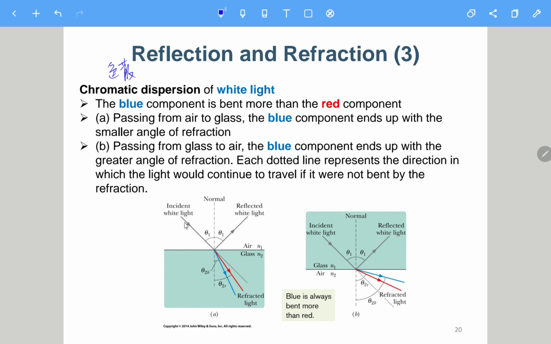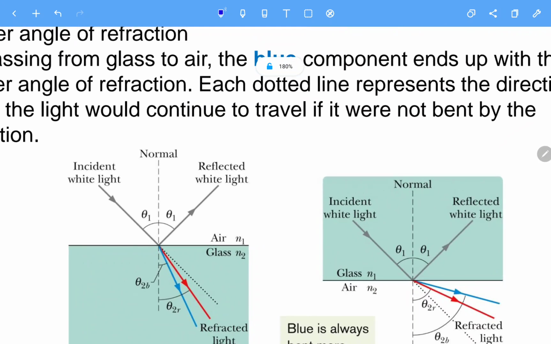In this case, the white light is going from the air to the glass. If we extend the incident ray like this, imagine there is no glass there, then the light can go straight this way.